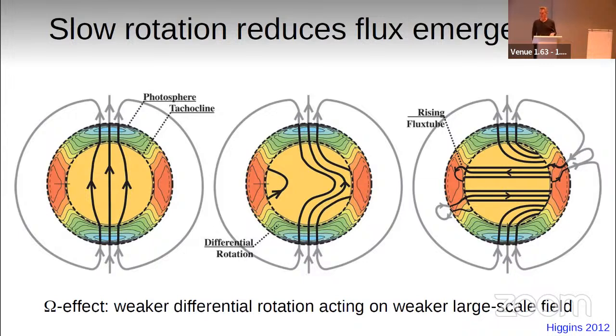Well, if the large scale field is weaker and the differential rotation is weaker, you might expect less flux to emerge. And so it's a downward spiral. You've got a weaker large scale magnetic field. It creates weaker flux emergence. You have less flux to create more large scale field, and it just is a downward spiral.